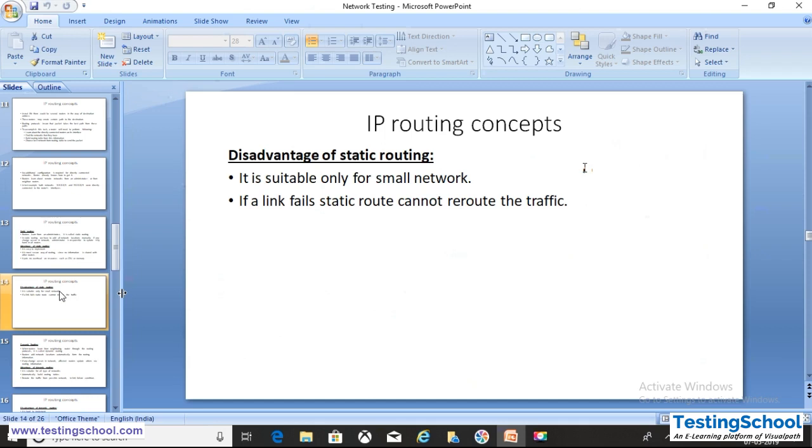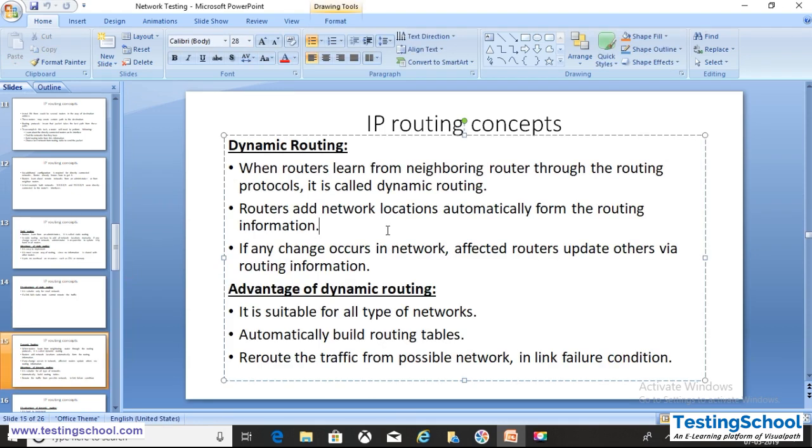So routers add network locations automatically from the routing information. Here we can say things are automatic, as the name itself says, dynamic. The routing information first of all will get shared among the routers, and then routers add this network location automatically.